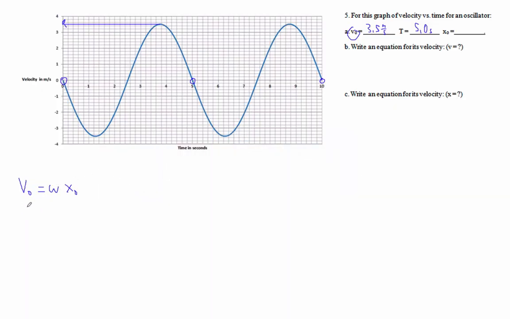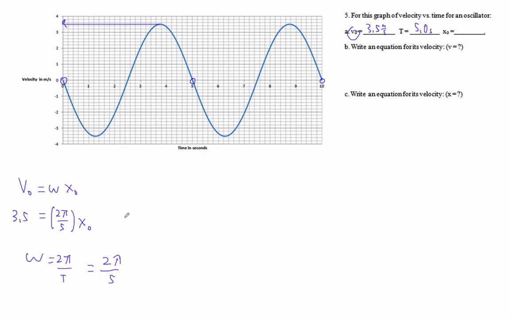So if the maximum velocity is 3.5, we just have to figure out what omega is, and then we can figure out x naught. Omega is 2 pi over T, so that's going to be 2 pi over 5. So 3.5 is 2 pi over 5 times x naught.